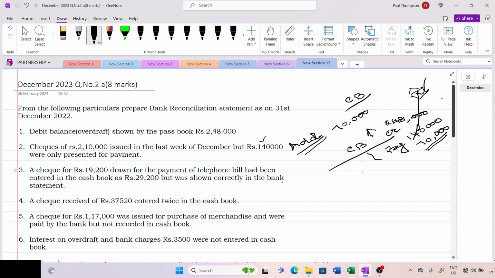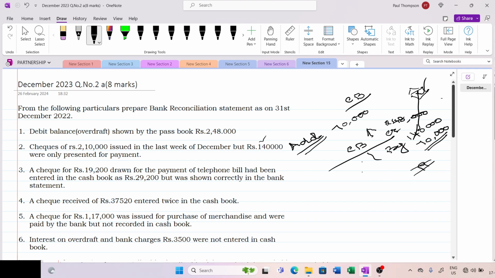Now the next point is a check for 19,200 drawn for payment of telephone bill, but it was erroneously entered in the cash book as 29,200 but was shown correctly in the bank statement. Now what I have done, I have issued a check leaf.